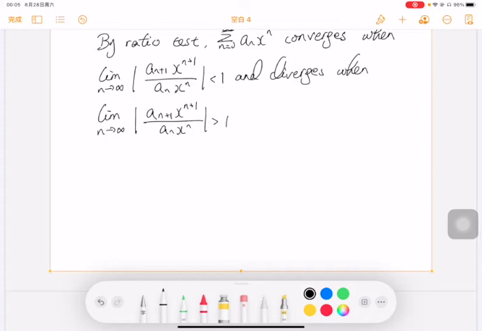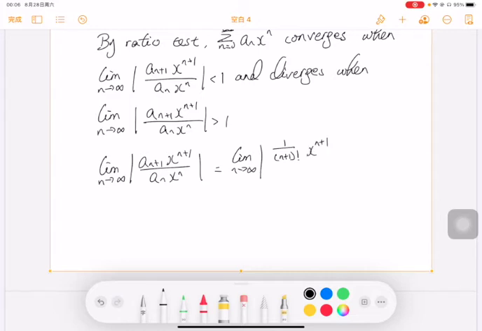All right, then plugging in a(n plus 1) and a(n), we get that this is actually the limit of 1 over (n plus 1) factorial times x to the n plus 1 divided by 1 over n factorial times x to the n.